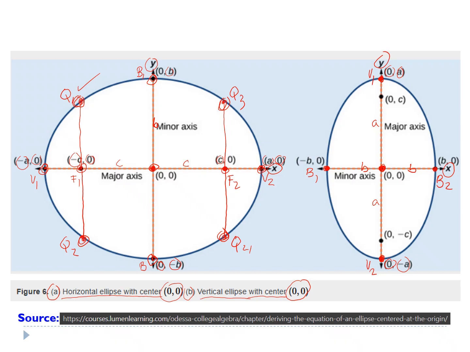Since this distance b is to the left of the origin, we have negative b as its abscissa. And since this is lying on the x-axis, the ordinate is equal to 0.